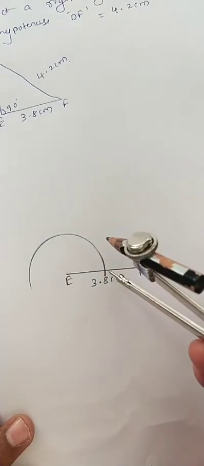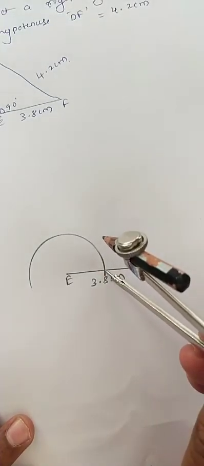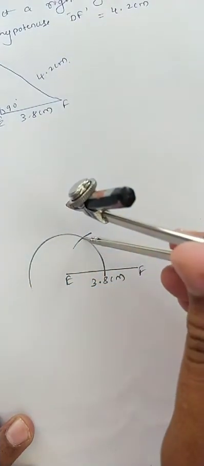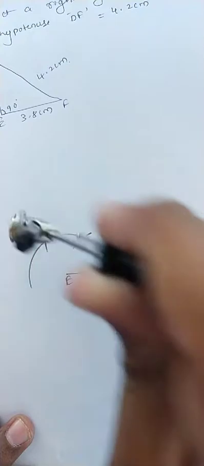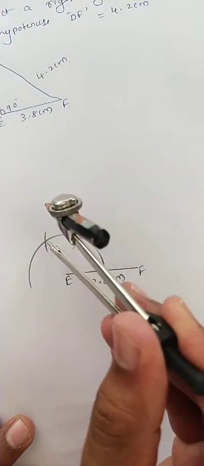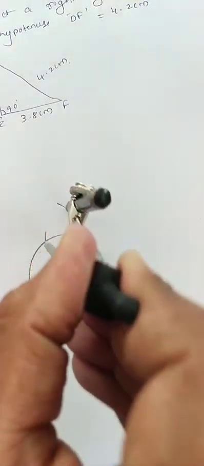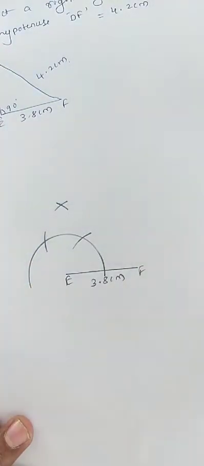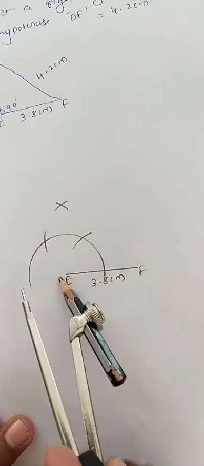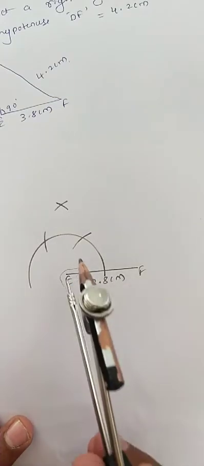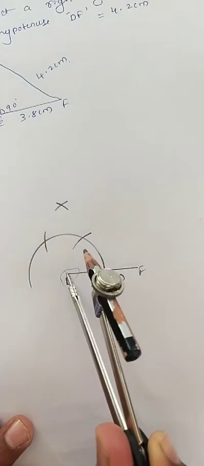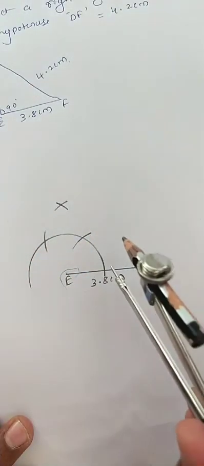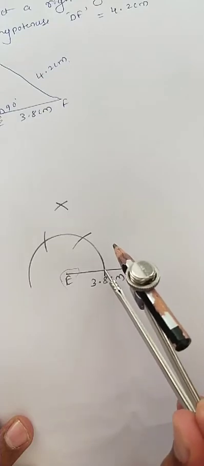Now keep the compass on this side, don't change the radius, and cut 2 arcs, and from this point cut one more arc. From these 2 points draw one more arc to get the 90 degree angle. Keep the compass here, take any radius, draw a semicircle, and from this point cut 2 arcs.